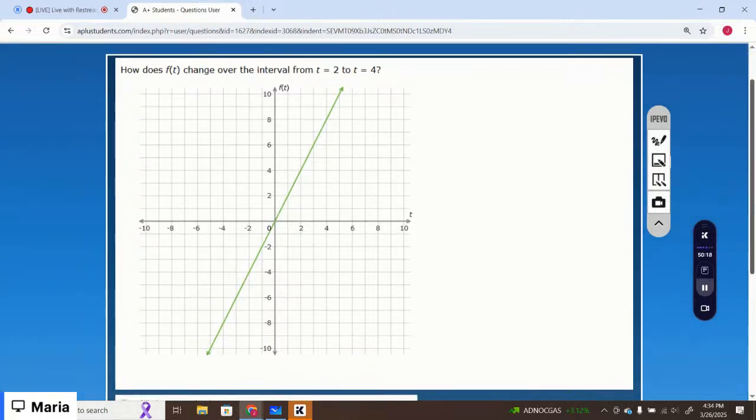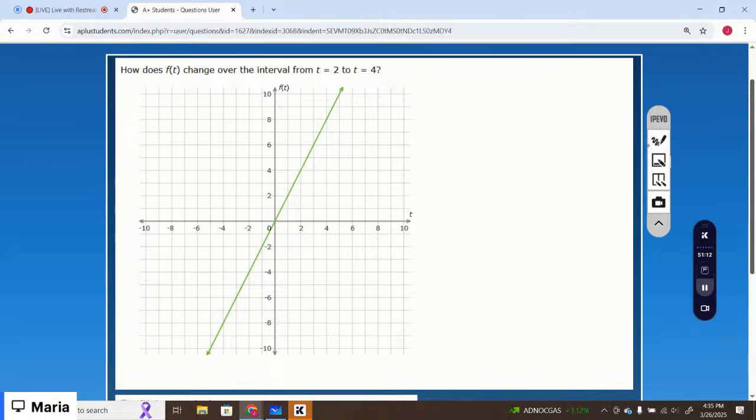How does f of t change over the interval t equals 2 to t equals 4? When t equals 2, f of t is 4.